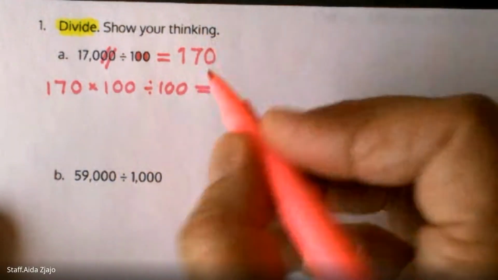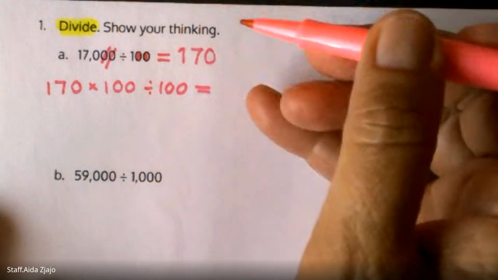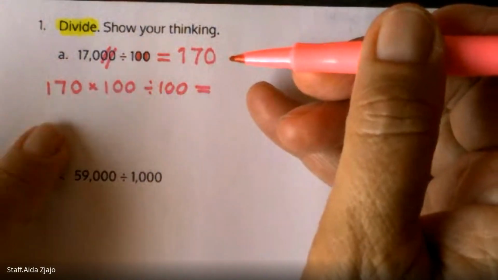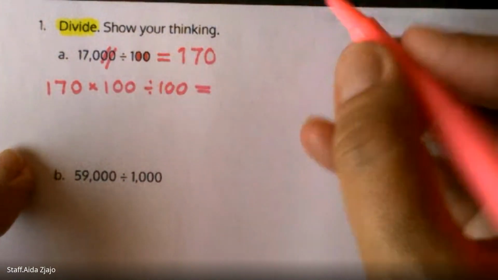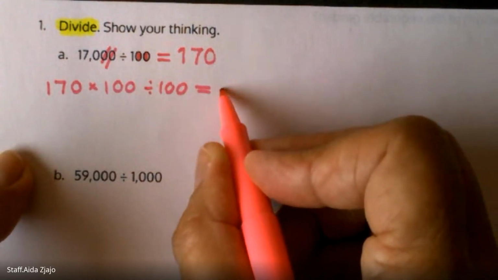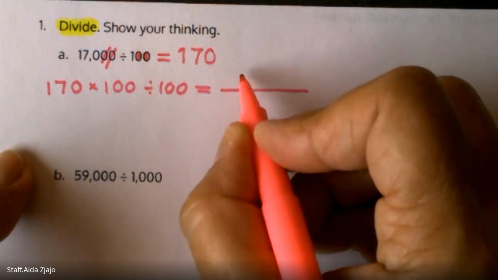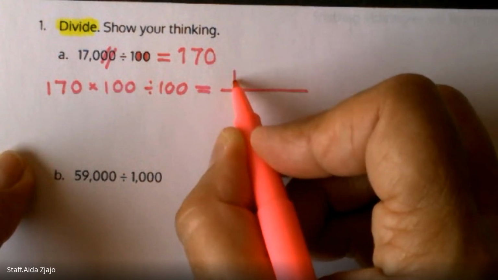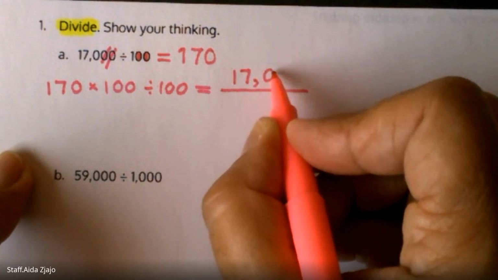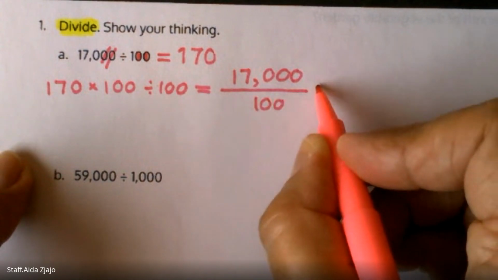This is harder, because you can think that logic, or you can show this way, if the fraction line is the division line. So you have this number, 17,000, and then you're going to divide by 100.